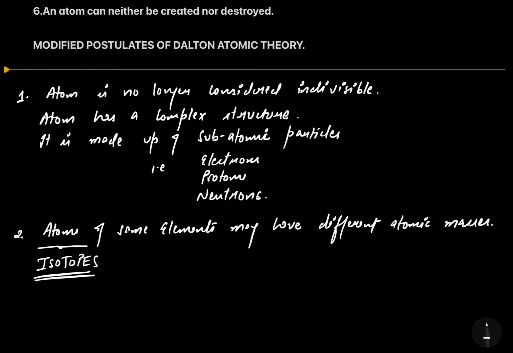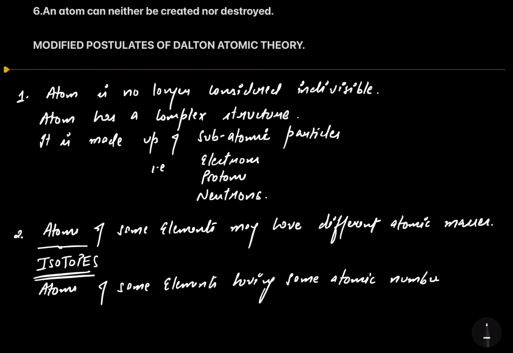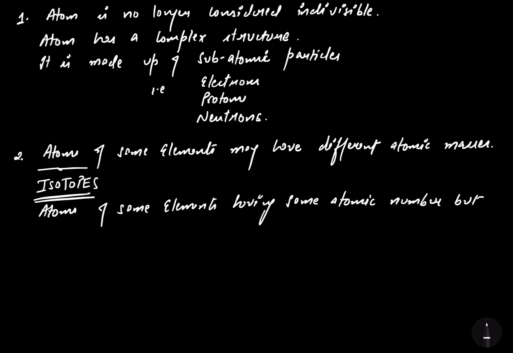So let's define isotopes. Atoms of the same element having the same atomic number but different mass number.